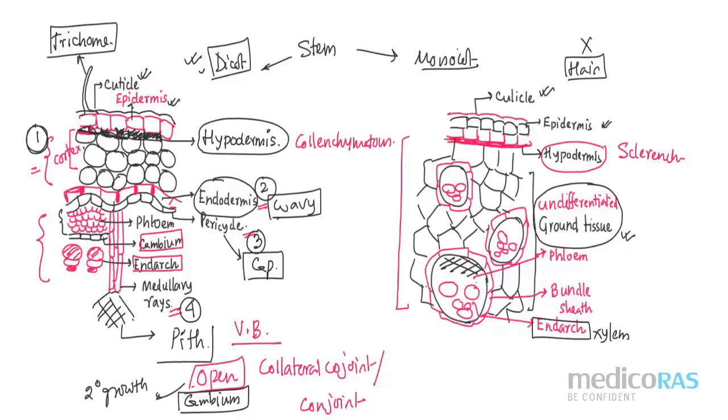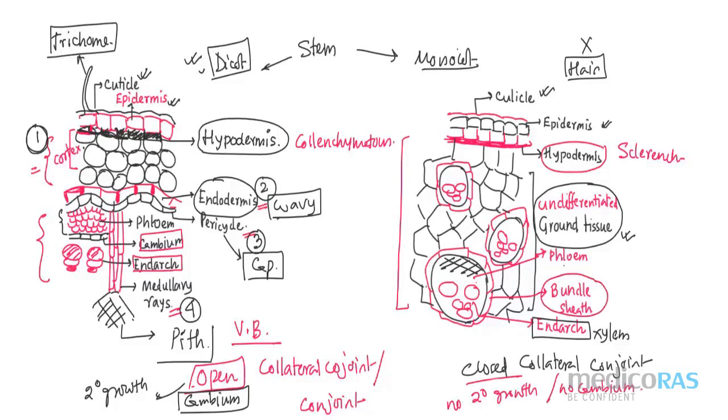So there will be no partition in between phloem and xylem, no cambium it means. So the vascular bundle is known as collateral, conjoint, at the same time it is closed, and closed means there will be no secondary growth as there is no cambium. So I hope this part is clear to all.